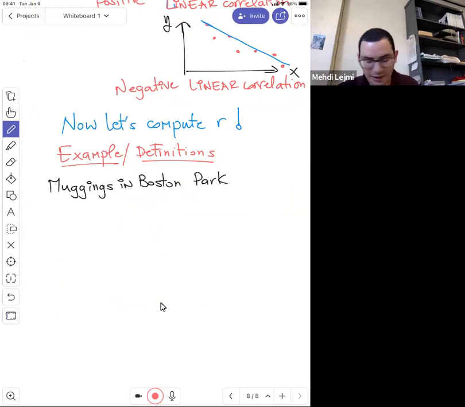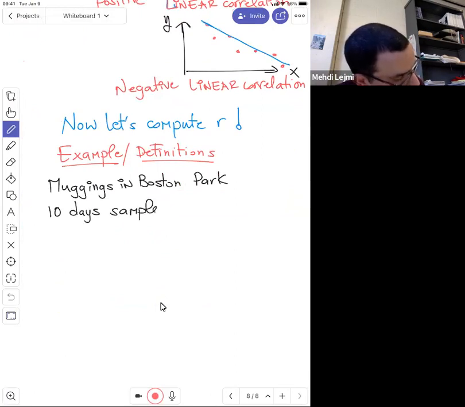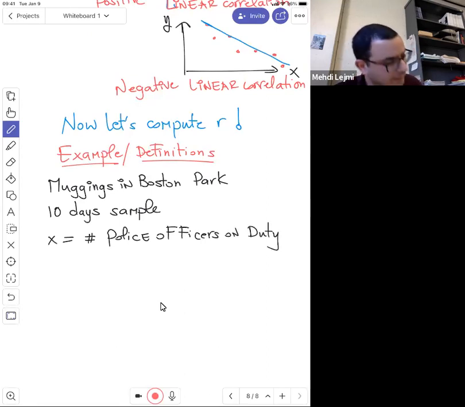We have a 10 days sample, and the variable X is gonna represent the number of police officers on duty that day, right?